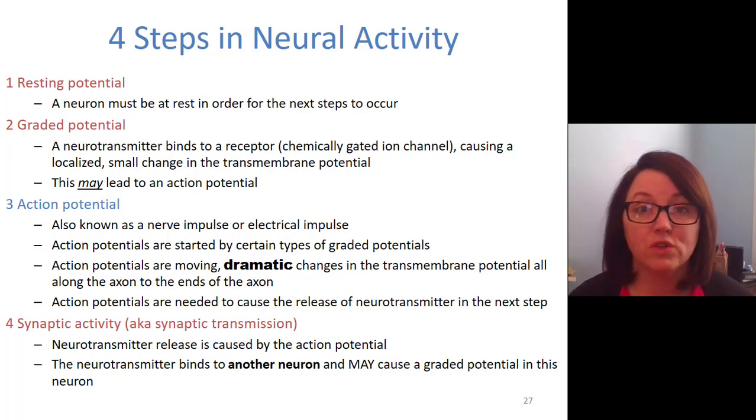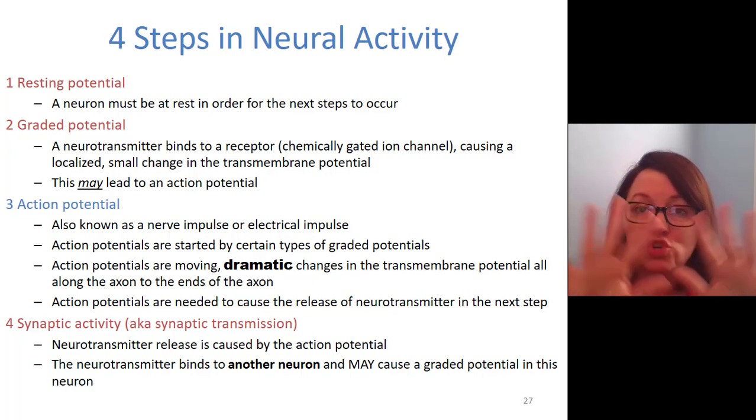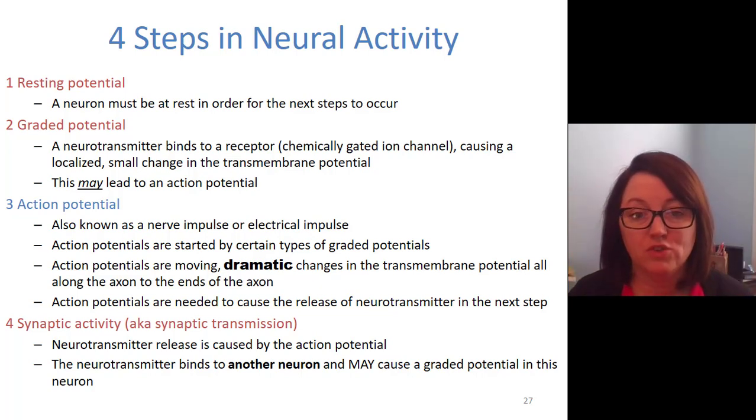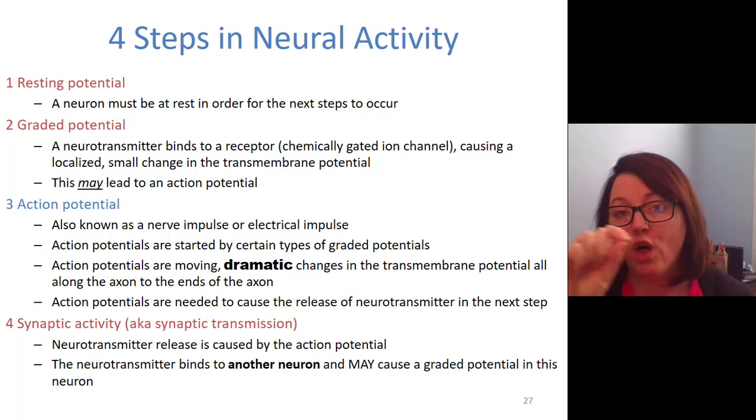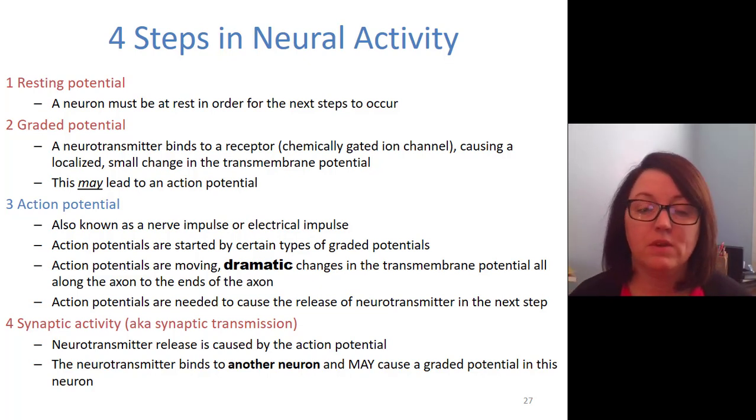Don't forget, an action potential is just an electrical impulse traveling down an axon. It's also known as a nerve impulse. Action potentials are started by certain types of graded potentials. Action potentials are very dramatic, big changes in voltage, unlike a graded potential, and they're moving. Graded potentials stay localized, whereas action potentials travel all the way down an axon.